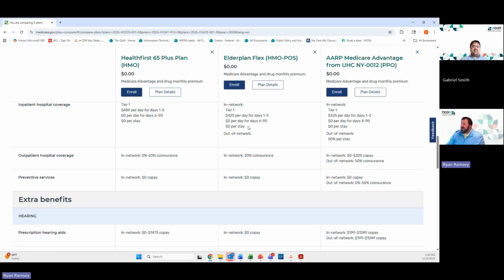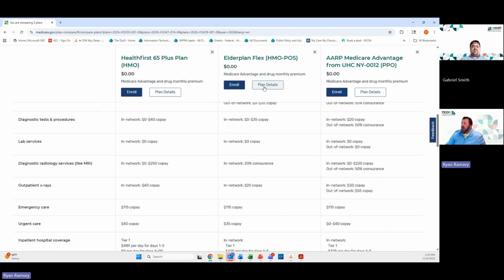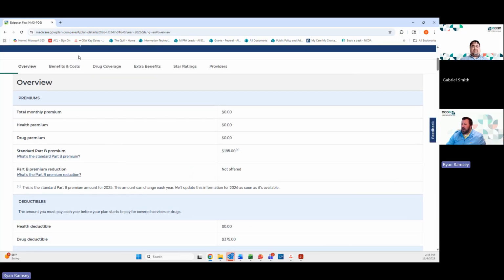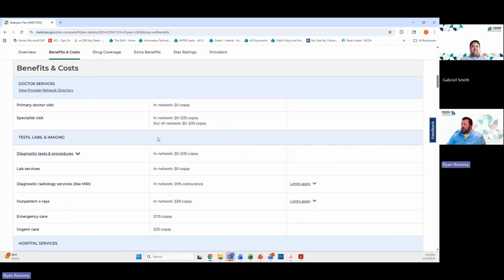So that does let us know that maybe this elder plan is going to be the most cost effective from a health perspective. You can really go in and look at the plan details around its benefits at the doctor and hospital section to get more information.